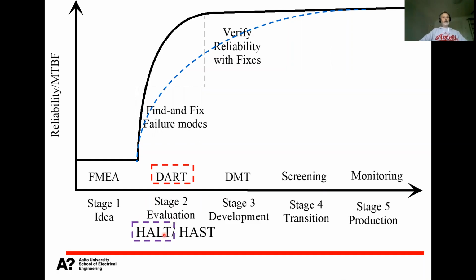Then we have a similar testing tool called HASS, highly accelerated stress screen. The idea is the same in both, but this utilizes different stresses. And therefore we are covering this in 2 weeks, because here we also have humidity included.